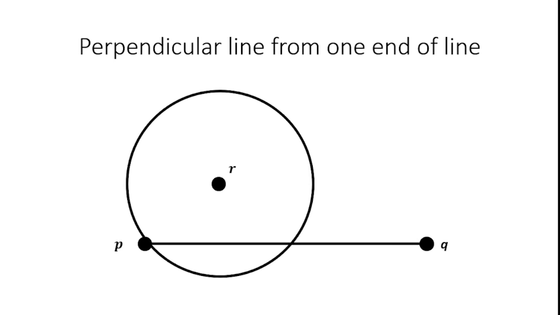After that, how can I draw the perpendicular line from one end, which means P? I consider any point on the top side of the line and name that point R. Now I make a circle with R as the center and RP as the radius.